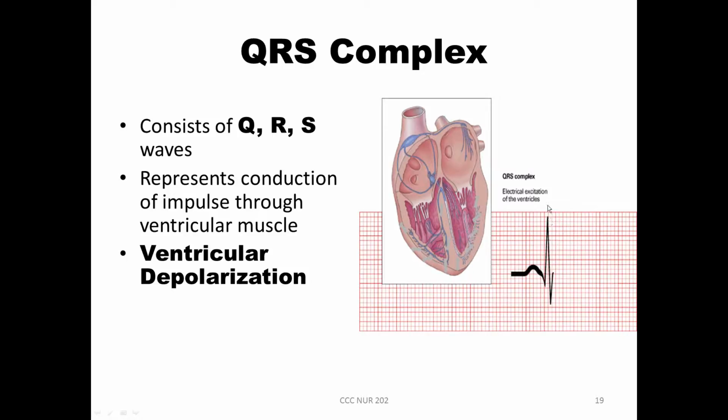Here's your QRS. That should be the QRS duration, how wide that is. For it to be normal, it should be 0.04, which is one of those very small blocks, to 0.10 seconds.